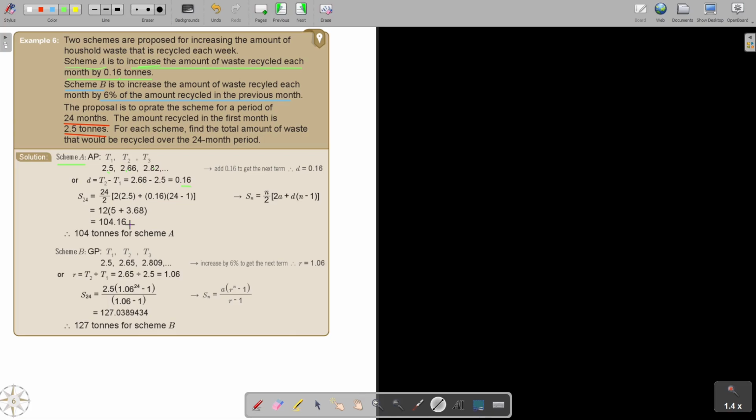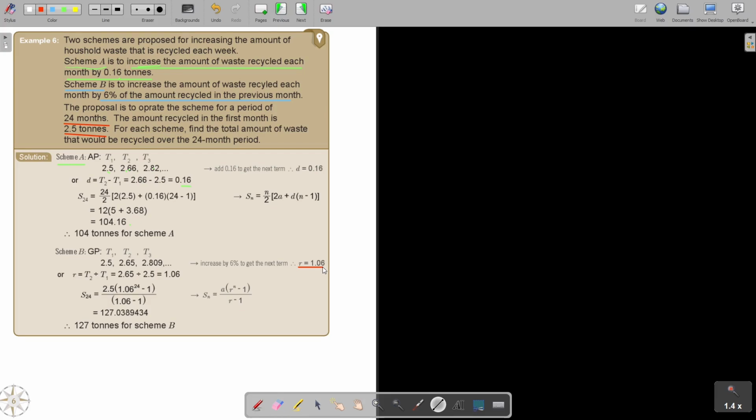And then I do Scheme B. Just check again: 6% of the amount recycled, so it increased. You take 2.5 and increase it by 6%. You can say 6 over 100 multiplied by 2.5, and then add the 2.5 again. But actually you are multiplying by 1.06, because you add the 2.5 again.